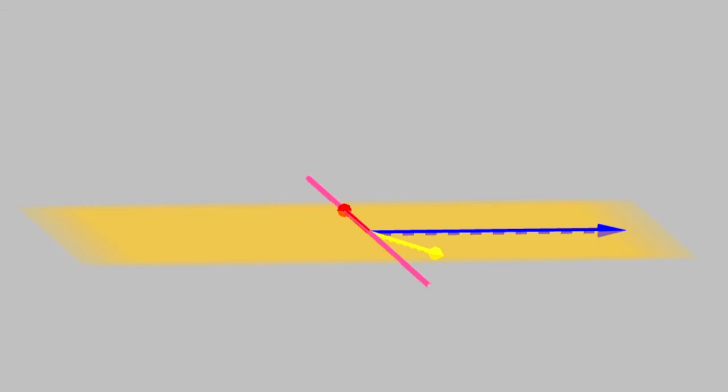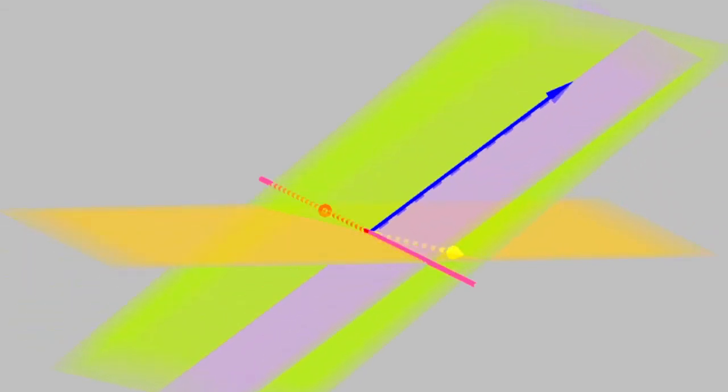We can see this by including the purple plane, or the green plane, formed by blue and yellow, or the purple plane by blue and red. But as long as the blue vector is pointing anywhere outside of that orange plane, we span all of three dimensions.